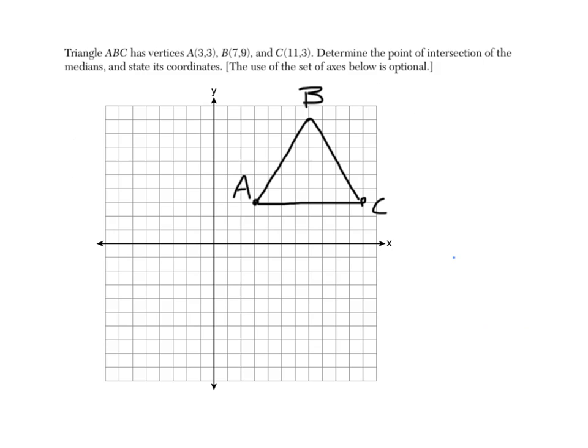All right, for this last question on midpoints, they're asking me to do something with a triangle. They want me to determine the point of intersection of the medians of the triangle. Well, a median forms a midpoint. So medians create midpoints, by joining the side of a triangle with the angle opposite.